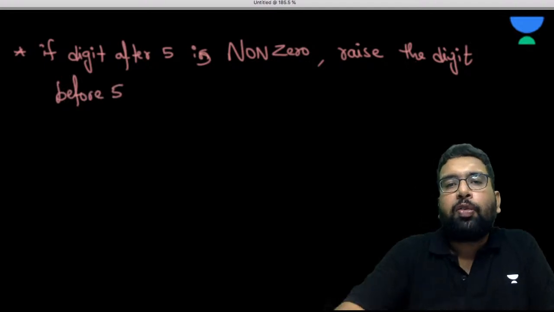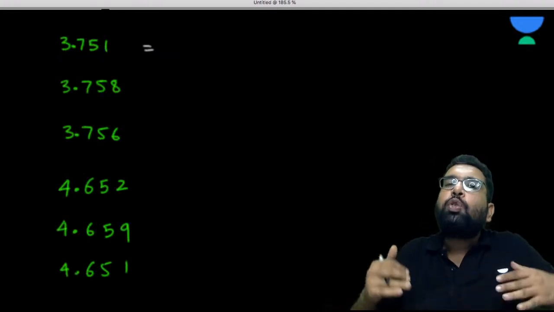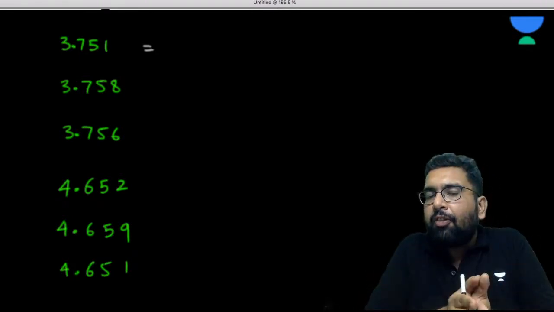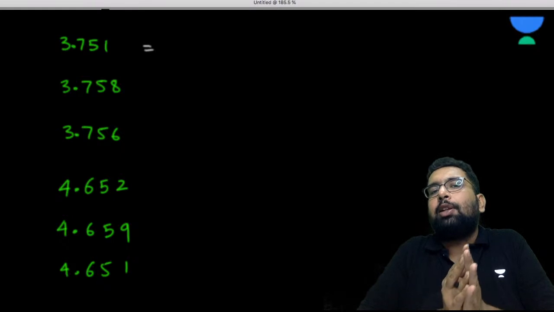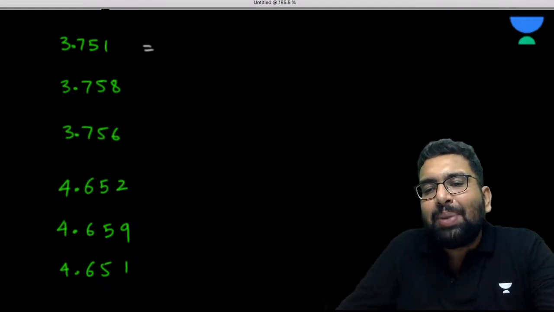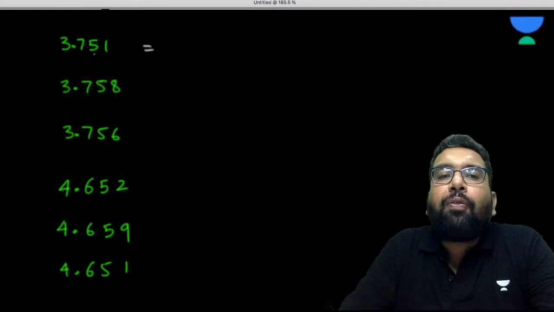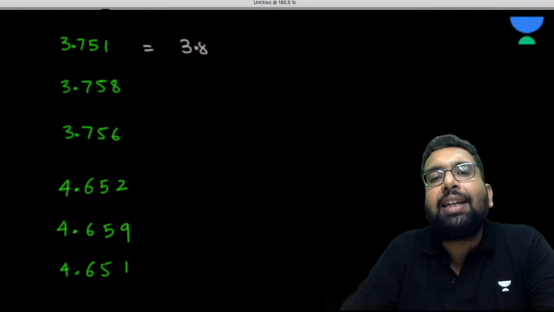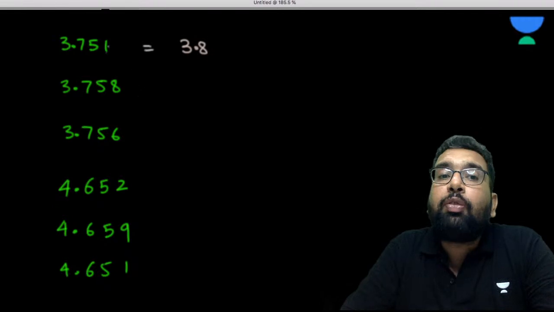Now see, we have to reduce it to two significant figures. The problem is that we have 5. After 5 in this, we have a non-zero number, so you have to increase the digit before 5.